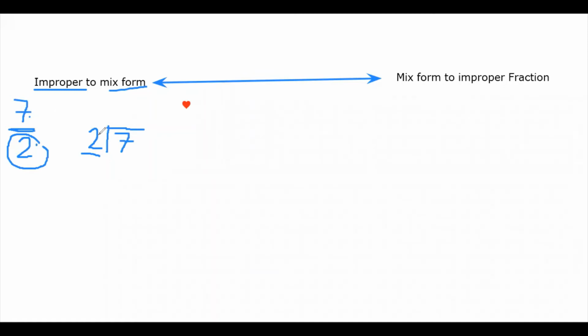So 2. What is the number that we're going to multiply to 2 na hindi lalagpas sa 7? We have 3, because if we multiply 3 by 2, we have the answer of 6. Now what we're going to do to the dividend and the product of 2 and 3?